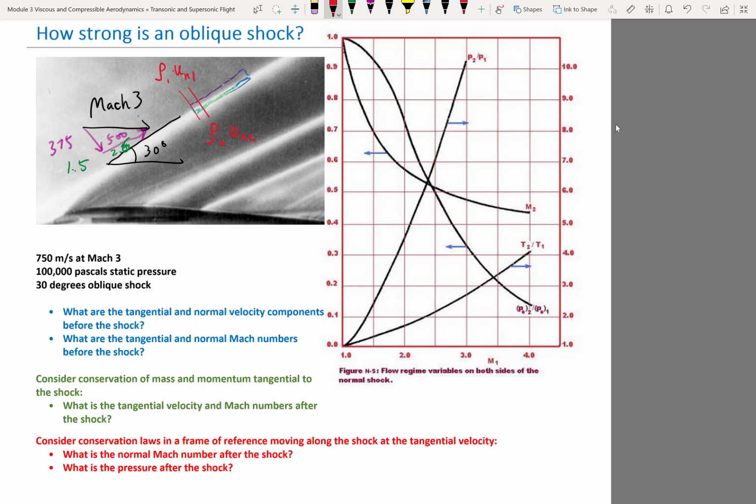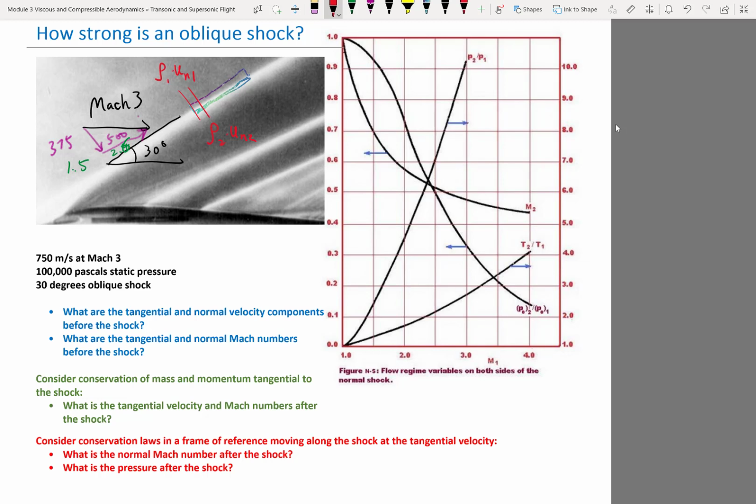It's infinitely thin. Yeah, the tangential component of momentum. Yes, it is equal to the mass flux times the tangential velocity, right?